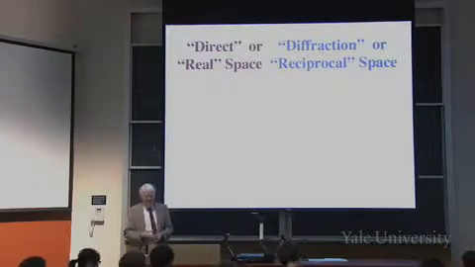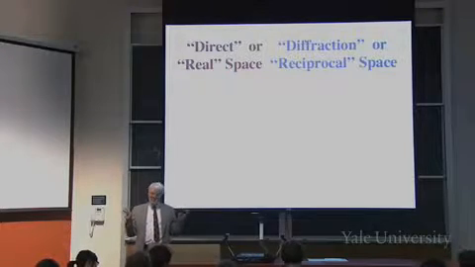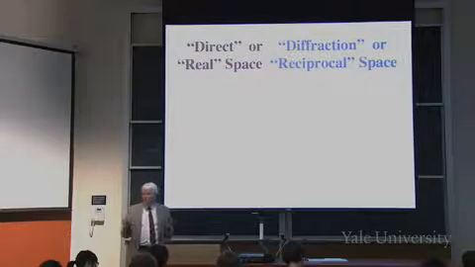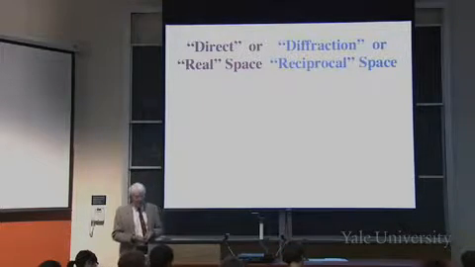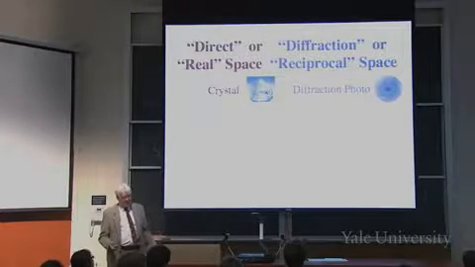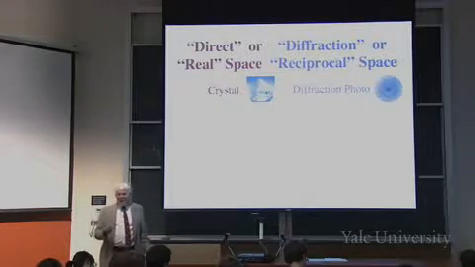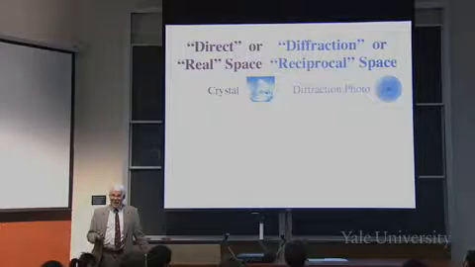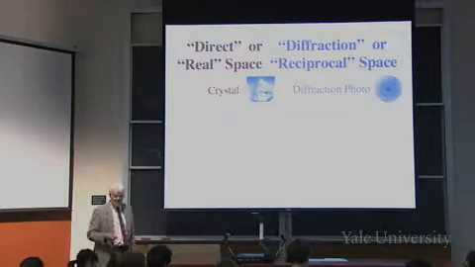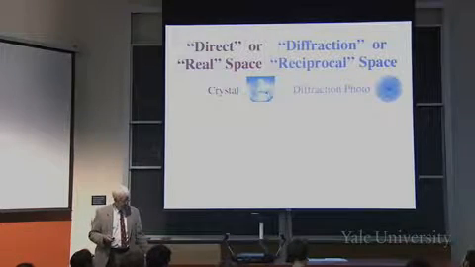Now, there are two, quote, spaces that get talked about: direct space or real space, and diffraction space or reciprocal space. Okay, so the crystal is the real thing that you're interested in, and the diffraction photo is in diffraction space. You see these dots that Laue saw, for example, for copper sulfate, right?